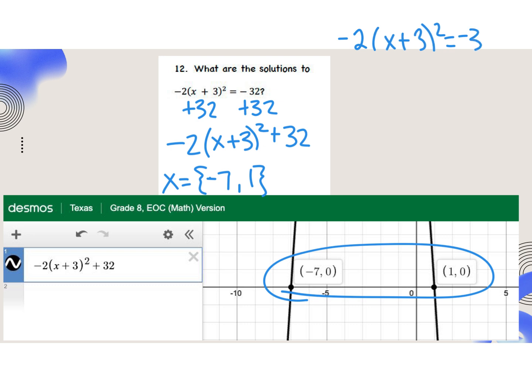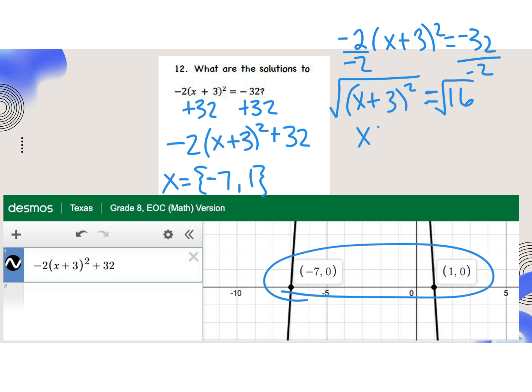because we're wanting to get everything away from the x on the square root method. So x plus 3 squared, -32 divided by 2 is 16, and then we would take the square root. So square root and a squared are opposite, so x plus 3 plus or minus 4 when we take the square root, because it could be a -4 times a -4 or a +4 times a +4.